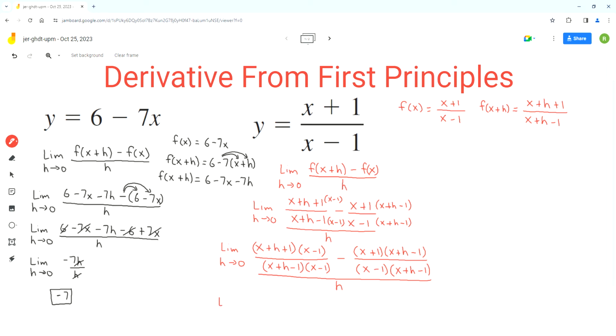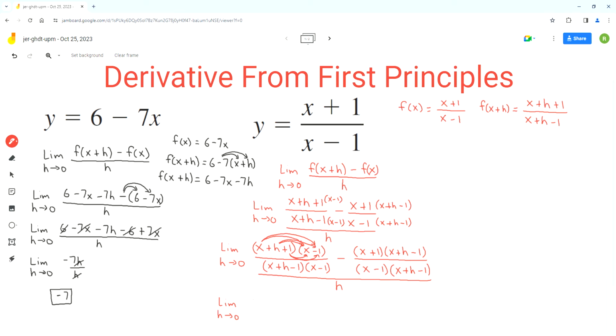So we get limit h approaches 0. So when we distribute the terms, we do x times x, then x times negative 1, then we do the same thing for h, and then we do the same thing for 1.